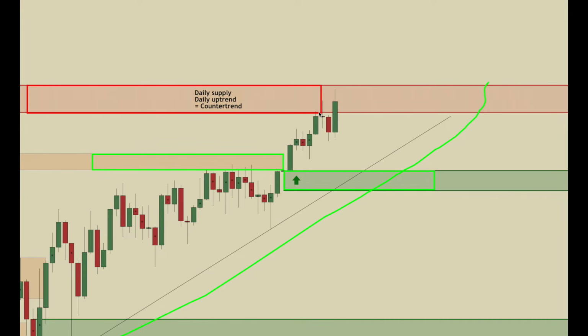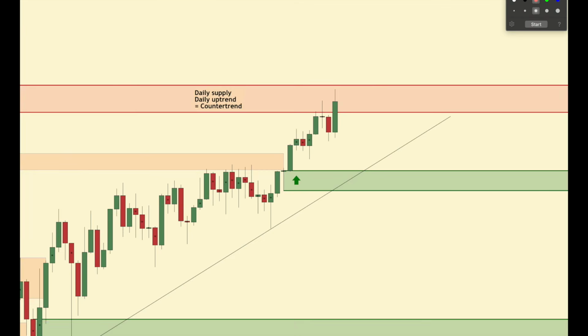But in this example, unlike the last one, you want to take a confirmation trade in this area, but your higher time frame is counter trend. As you can see, I wrote it right here, your daily supply, which you're contacting, but there's a daily uptrend, so this equals counter trend.